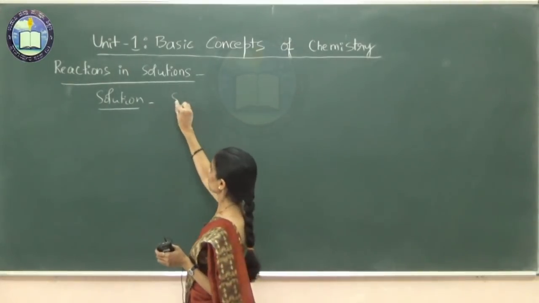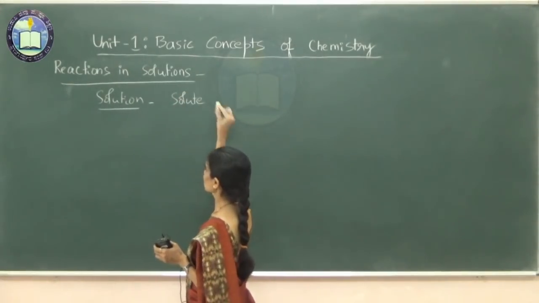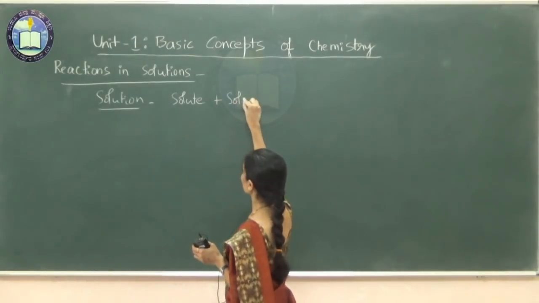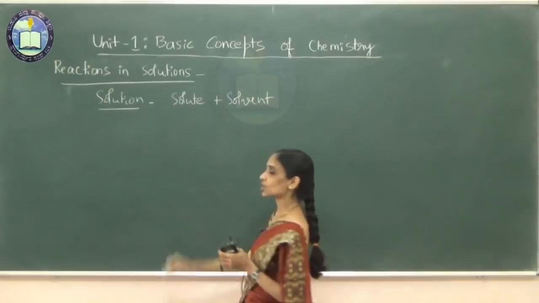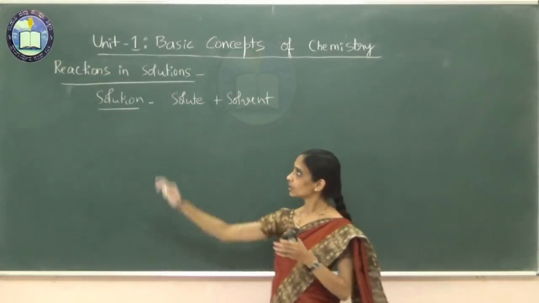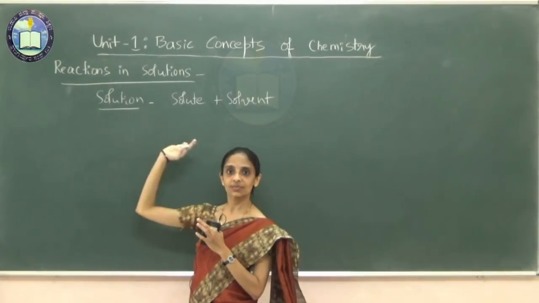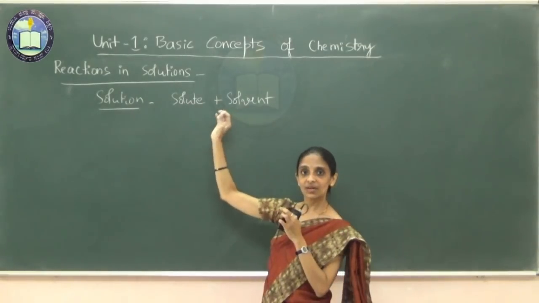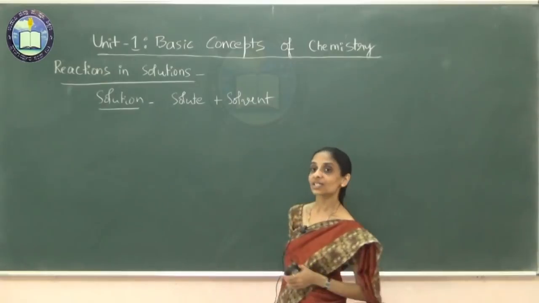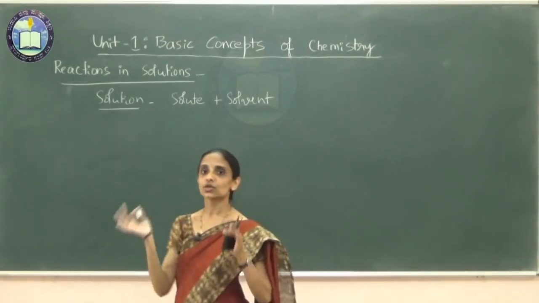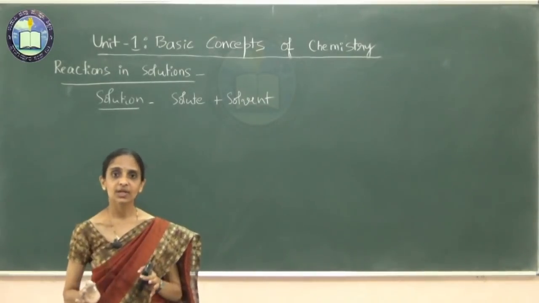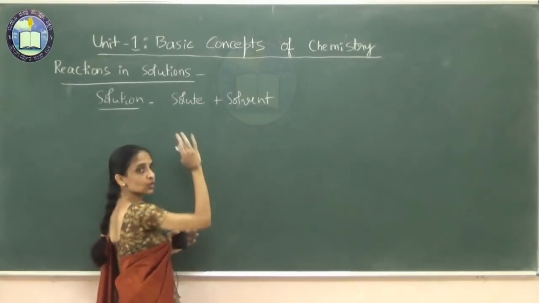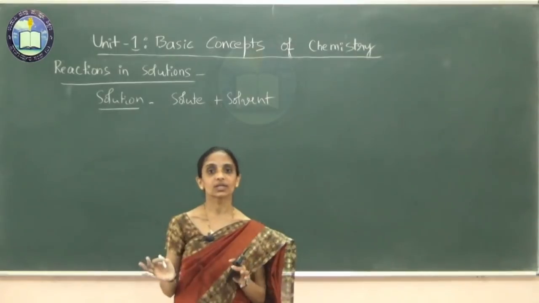The minor component is called solute and the major component is called solvent. Solution is dravana, solute is dravya, and solvent is dravaka. So, a solution is made up of mainly two components, solute and the solvent.